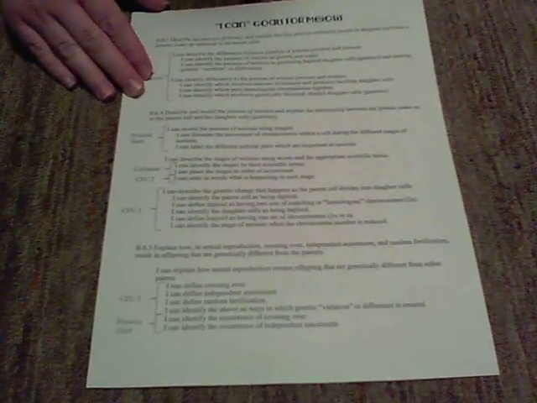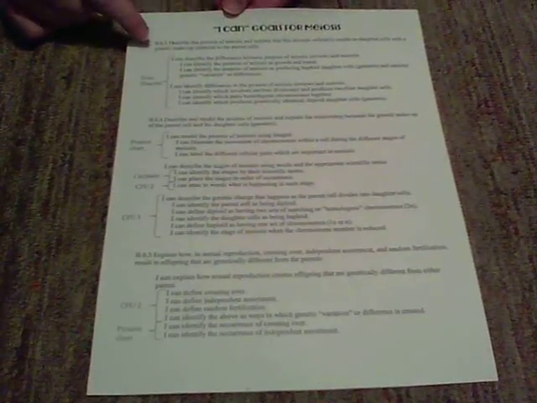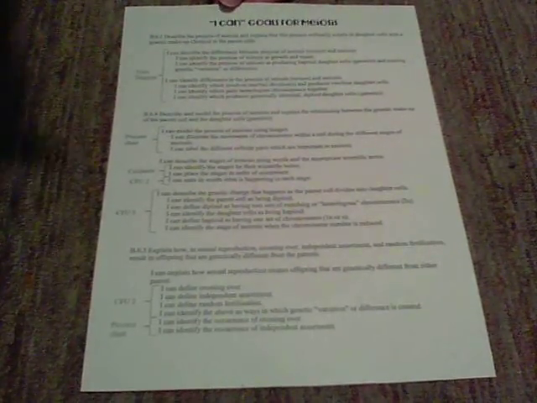So this I CAN method was presented at a best practice seminar by Matt Brenner, and essentially what is done is each state standard is taken and then broken down into slightly more student-friendly language.